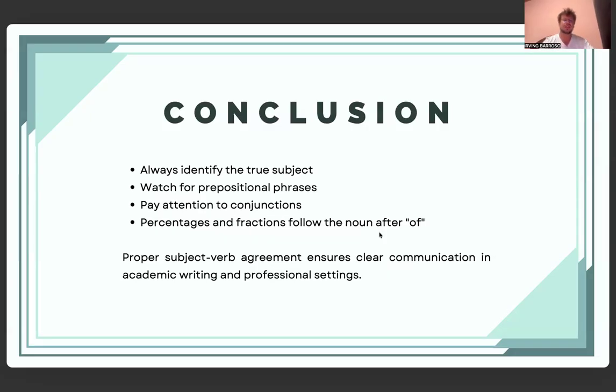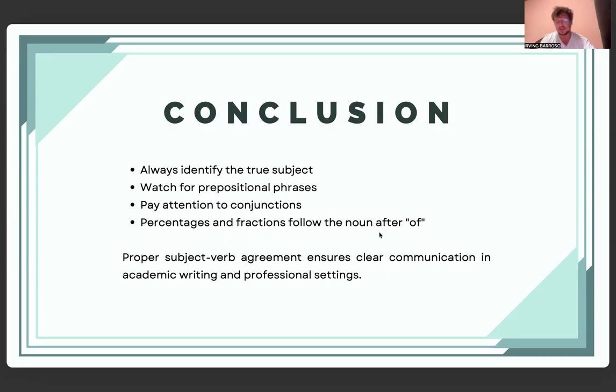The conclusion is: always identify the true subject, watch the prepositional phrases, pay attention to conjunctions, and for percentages and fractions follow the noun after of. Proper subject-verb agreement ensures great communication in academic writing and professional settings. To conclude, subject-verb agreement is essential for effective communication in educational settings.